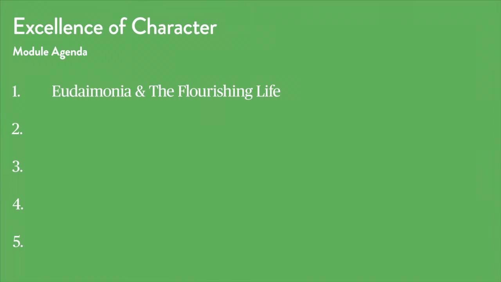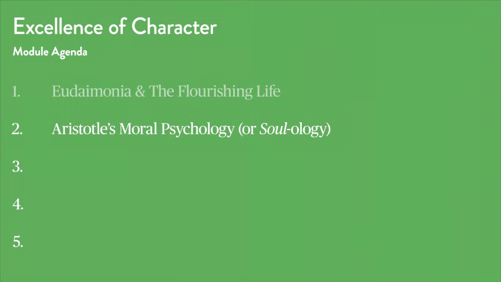In this module, I want to introduce you to Aristotle's ethics of excellence, or Aristotle's virtue ethics. To go through this, first I want to discuss what Aristotle means by happiness, which is a discussion about eudaimonia and the flourishing life. Second, we'll consider Aristotle's moral psychology, or soulology, because in this passage he's talking about the human soul, and the Greek word for soul is psyche, which is actually where we get the word psychology from.